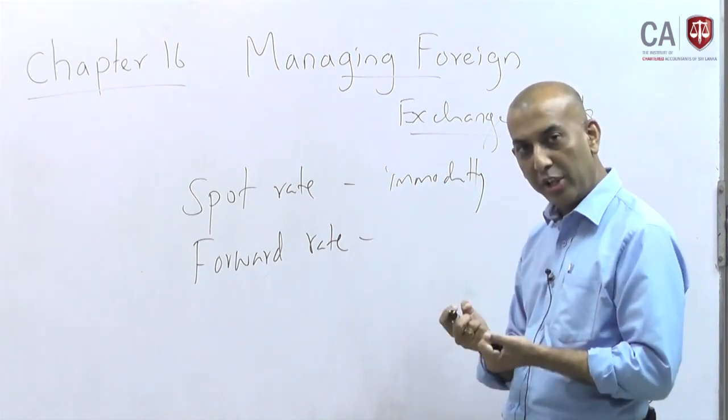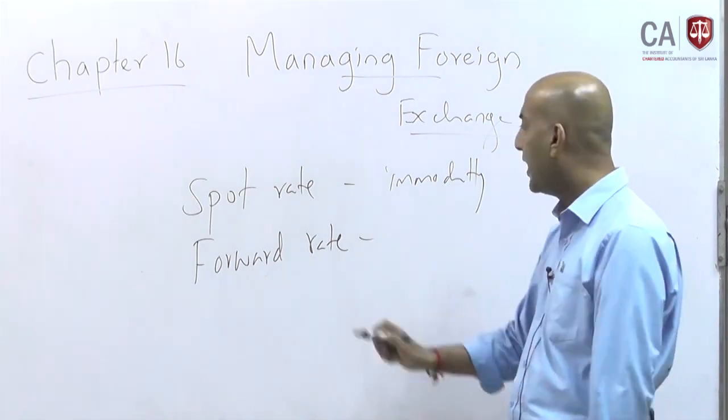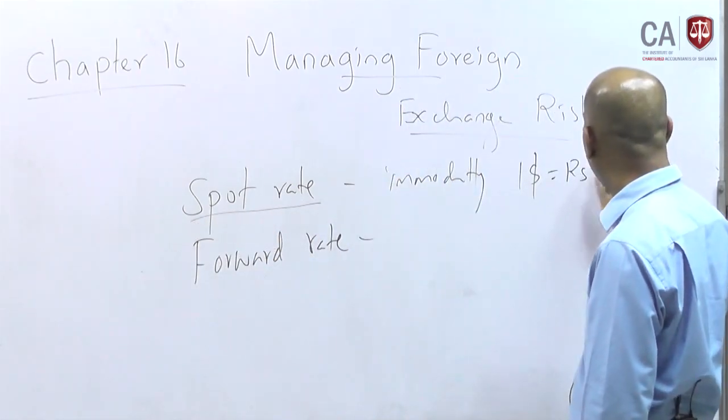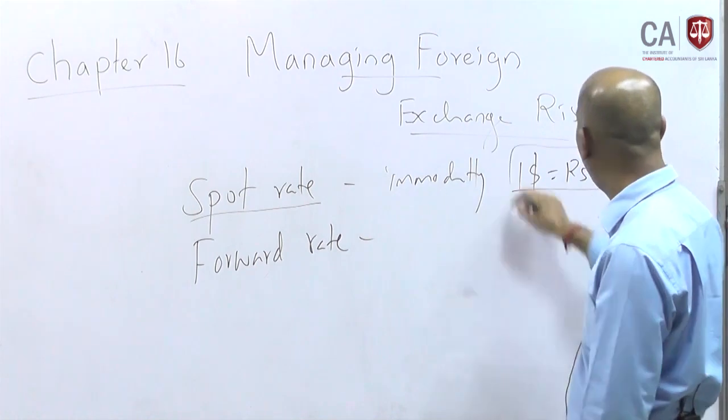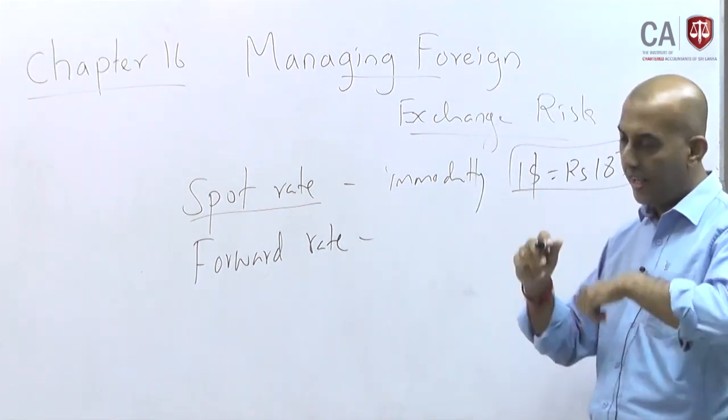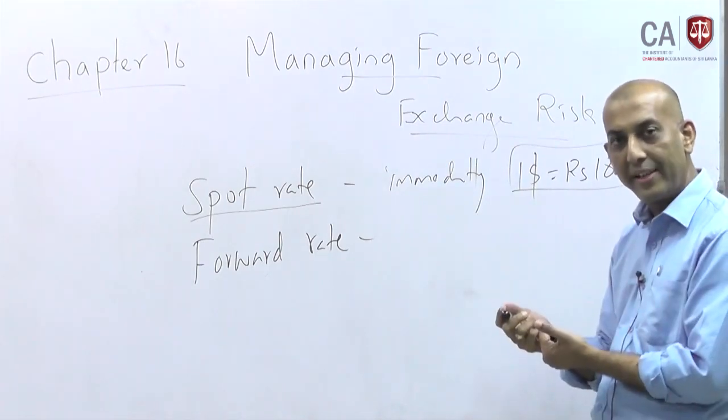If you are going to do the transaction today and you are going to pay so much, that's the spot rate. So if I say today $1 is 183 rupees, this 183 rupees per dollar is the spot rate. Why? At this rate you can buy $100,000 or any amount of dollars today in the market or bank.